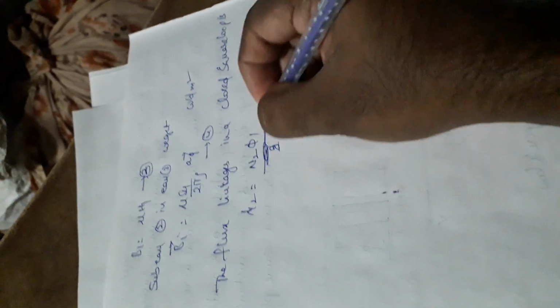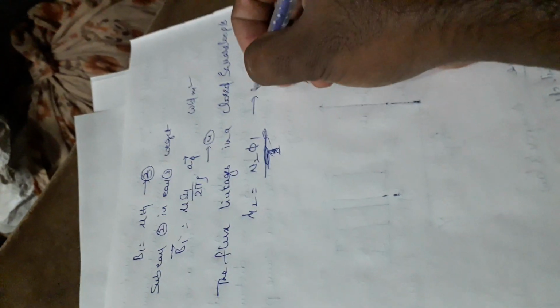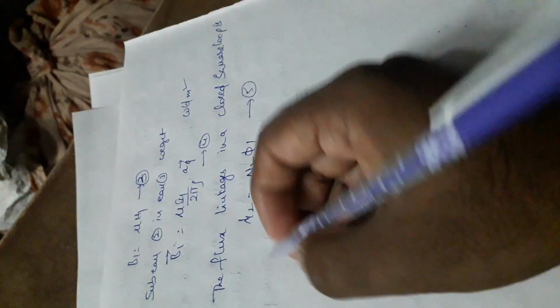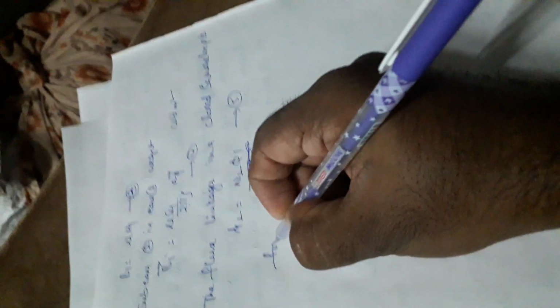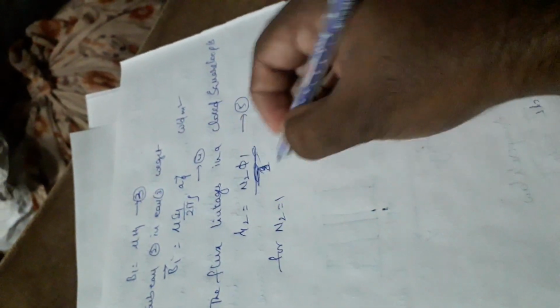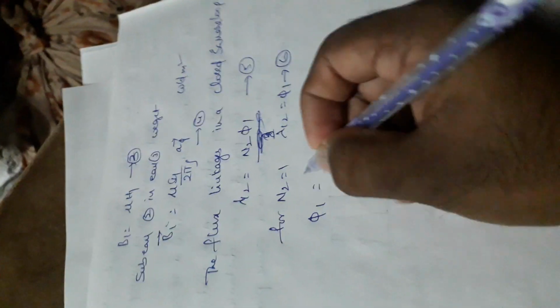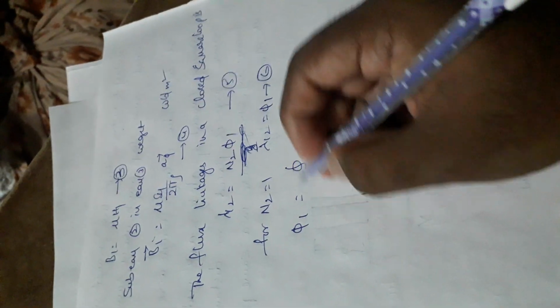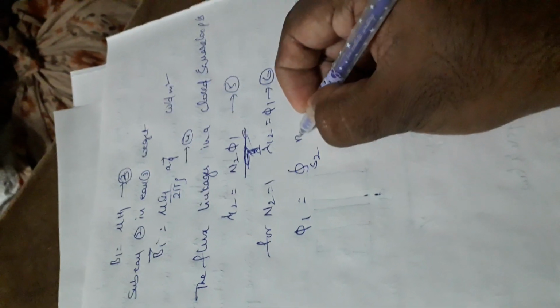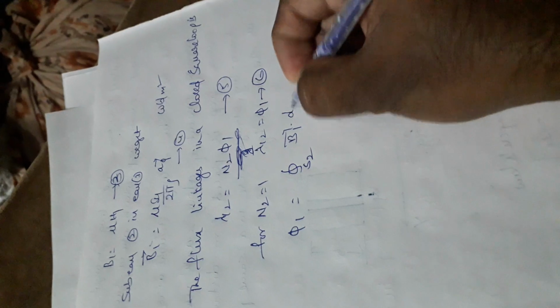This is equation number 5. So then for N2 equal to 1, lambda 12 is equal to phi 1. So from this, phi 1 is equal to the surface integral over S2 of B1 bar dot ds2 bar.